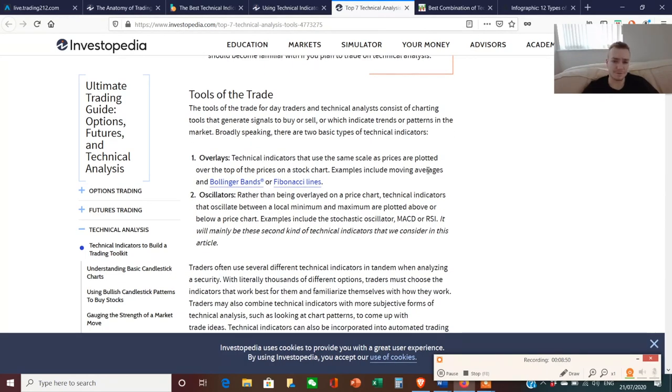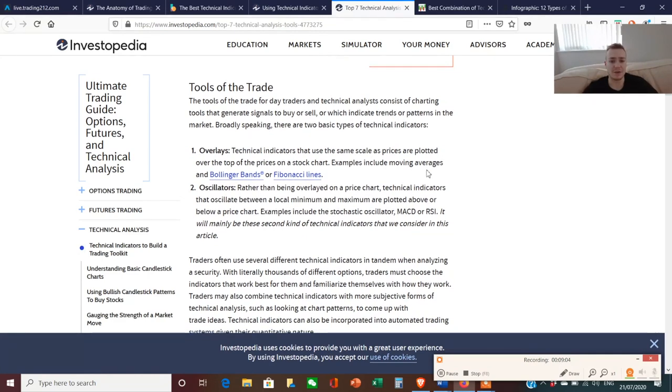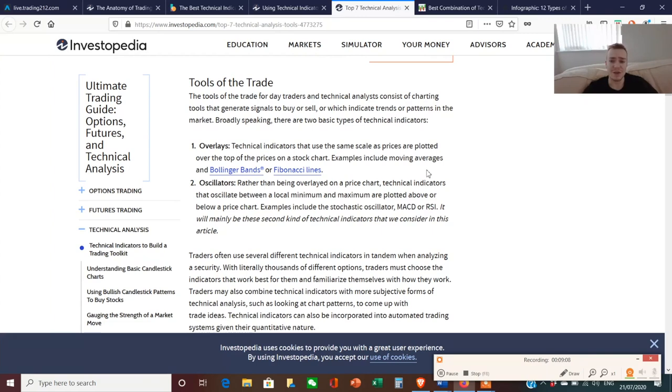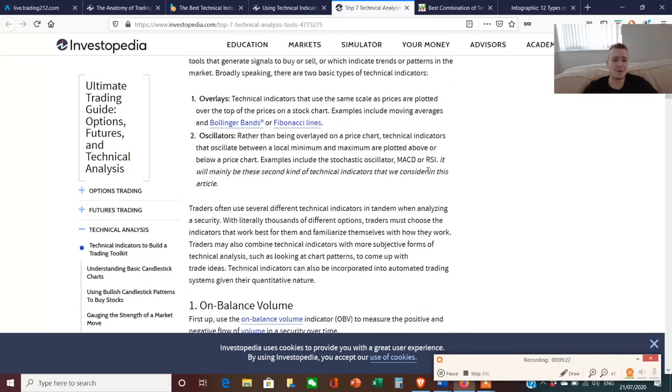Tools of the trade. The tools of the trade for day traders and technical analysts consist of charting tools that generate signals to buy or sell, or which indicate trends or patterns in the market. Broadly speaking, there are 2 types of technical indicators. 1. Overlays: technical indicators that use the same scale as prices are plotted over the top of the prices on a stock chart. Examples include moving averages and Bollinger Bands or Fibonacci lines. 2.